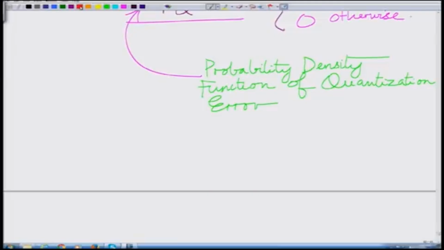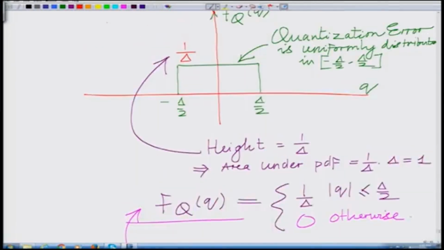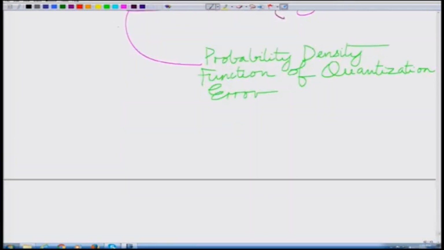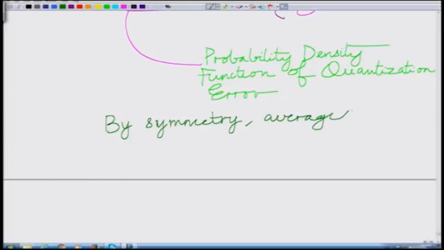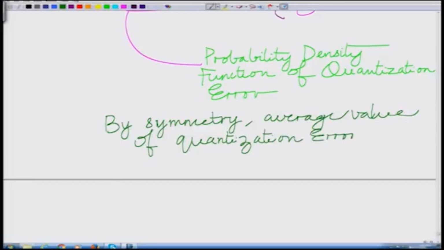Now, let us see what is the power or the variance of the quantization error. Obviously, if you look at the mean, one can see from symmetry that the error is uniformly distributed from minus delta by 2 to delta by 2, therefore by symmetry the mean is equal to 0. The average value of the quantization error is 0.